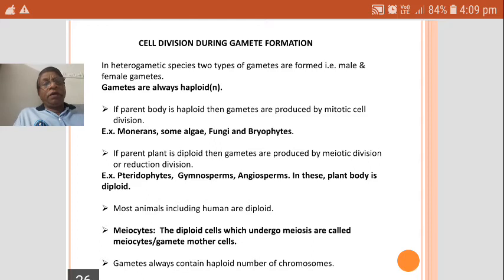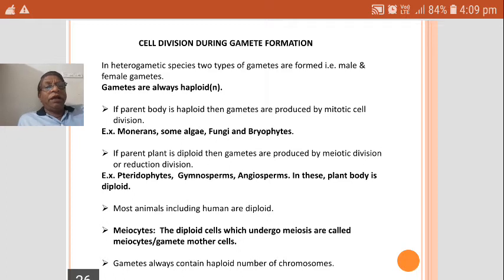Next. If the parent plant body is diploid, say for example, pteridophytes, gymnosperms, angiosperms. In these, the plant body or the main body is a sporophyte. Okay? The cells are diploid.